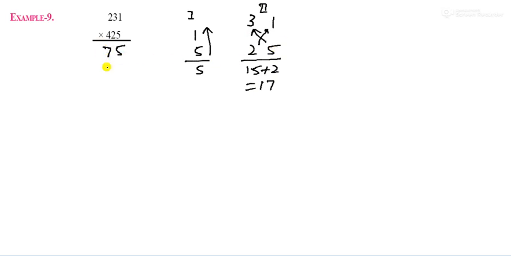What will happen? So 5 into 3 is 15 and 2 into 1 is 2. 15 and 2, that is 17. So you can write 7 here and 1 carried out. Now come to the third one, third step. What will be in the third step? So 2, 3, 1, and here is 4, 2, 5.